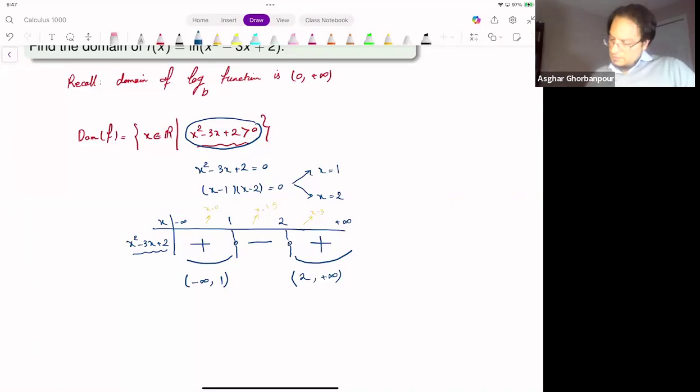And that is the domain. So the domain of the function is from negative infinity to 1 or from 2 to positive infinity. Any questions, any comments on this?